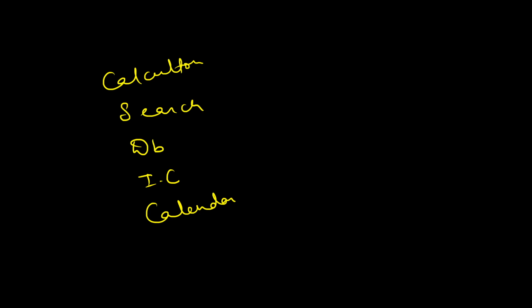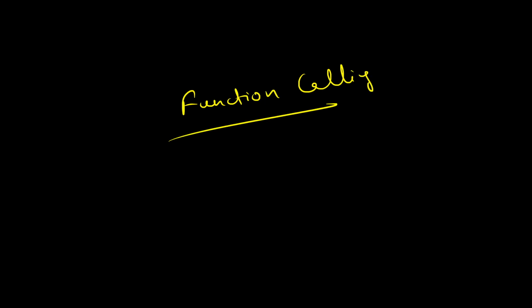So, what is function calling? Well, OpenAI basically introduced this concept called function calling. Function calling is like saying to a model, hey GPT, here's a function which calculates an EMI. Now, if a user asks anything about loans, call this.